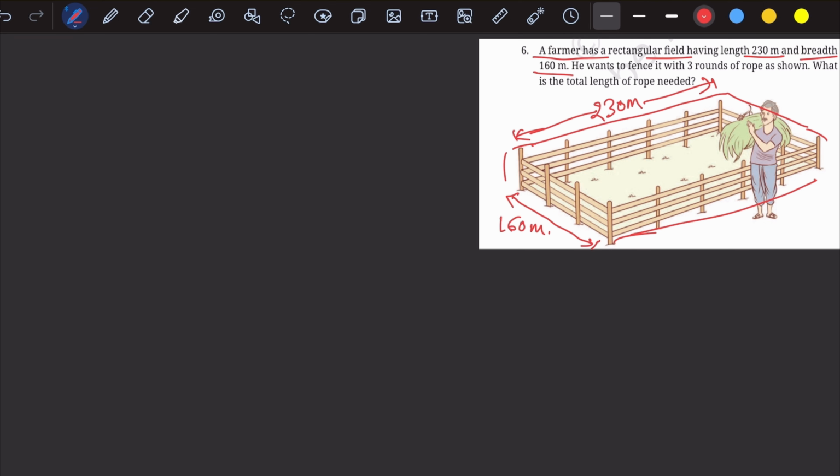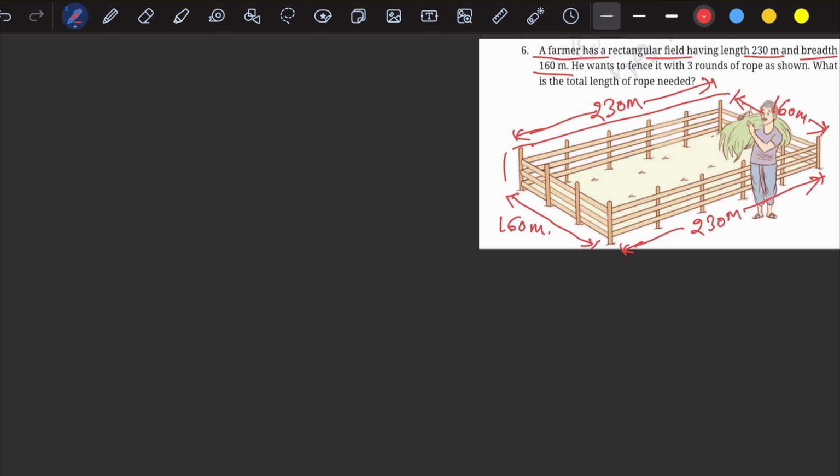So if we take 230 meter here, this will also be a 230 meter long length from here to here, and the breadth on this side will also be 160 meter till this point.